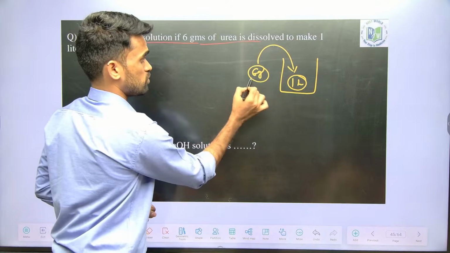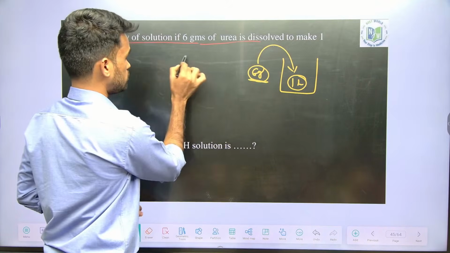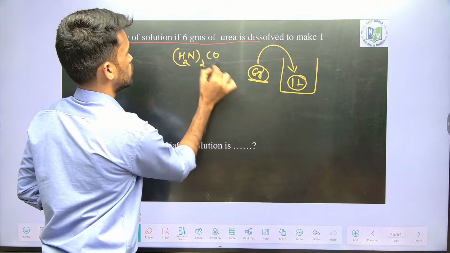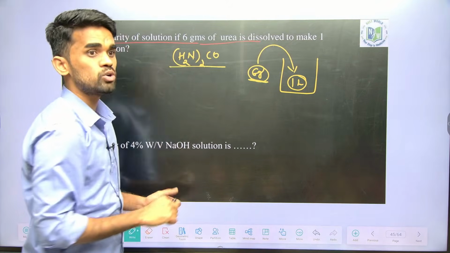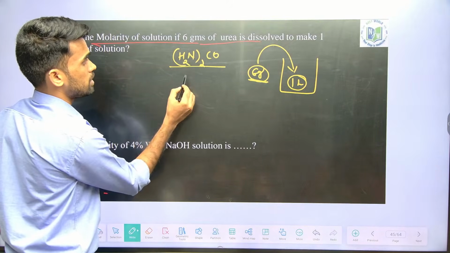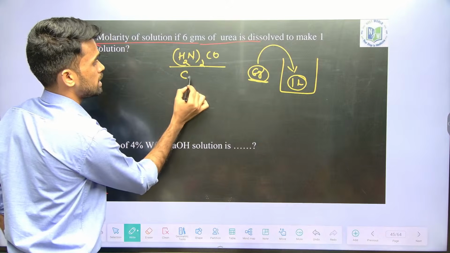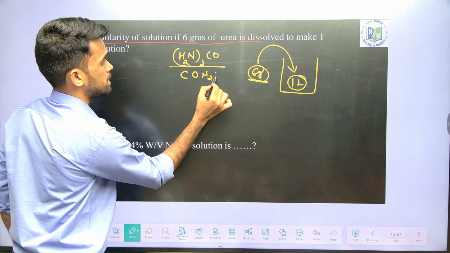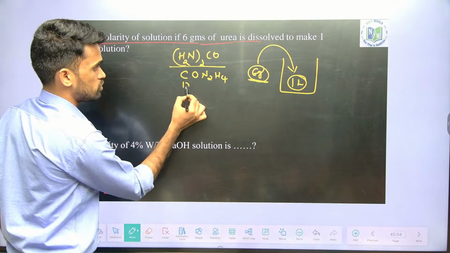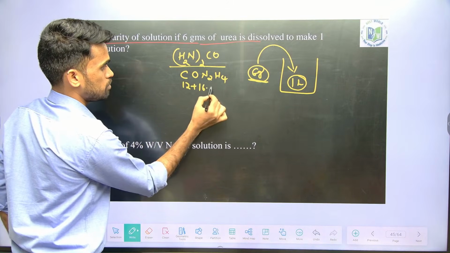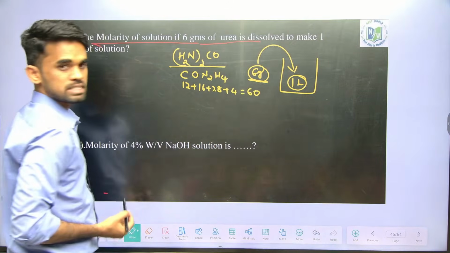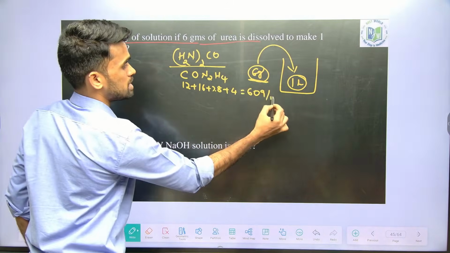So the solute is urea. What is the formula of urea? NH2 twice CO. How to calculate molar mass? CON2H4. Carbon is 1, so 12 plus 16 plus 28 plus 4. If you sum this, you will get 60. So 60 gram per mole is its molar mass.